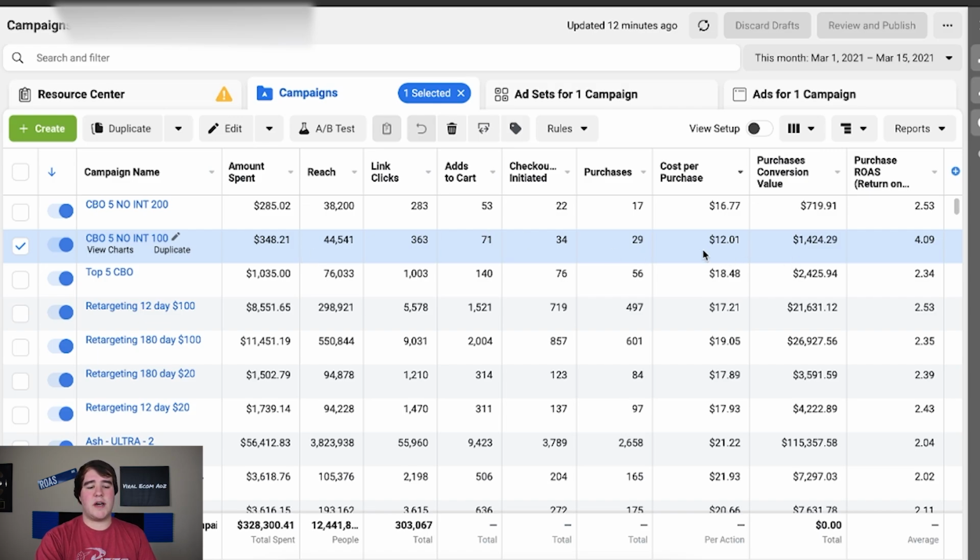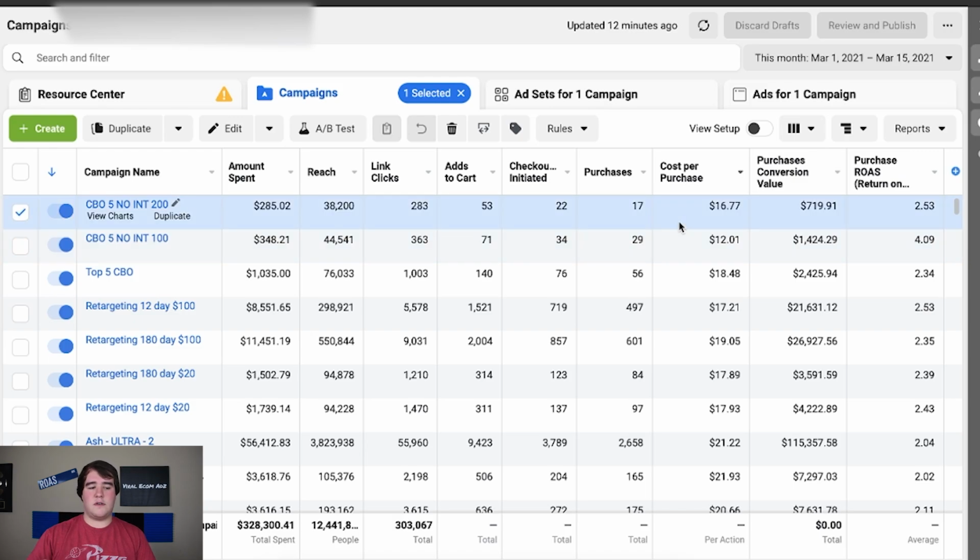So you can see that we kind of continued on the scaling system, taking it from 100 per day to 200 per day. And I think tomorrow we're going to take that 200 to 400, or 200 to 500, my bad. And we're just going to keep on doing that until we get to the desired spend amount, and keep on doing it until it's not profitable anymore.